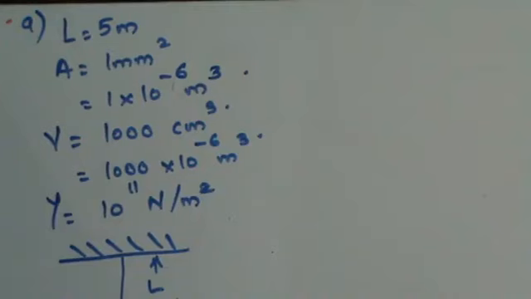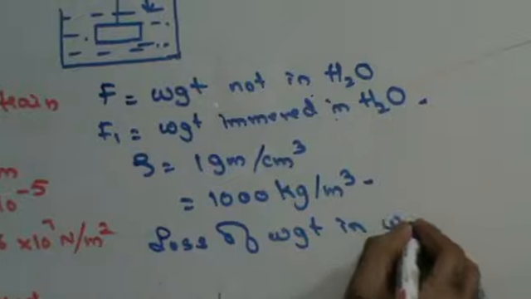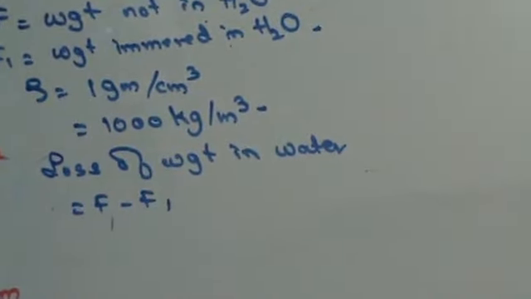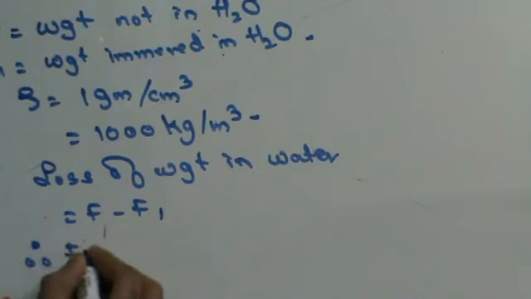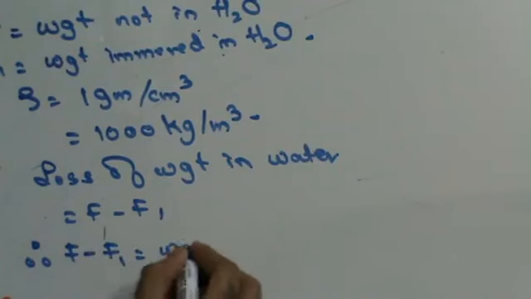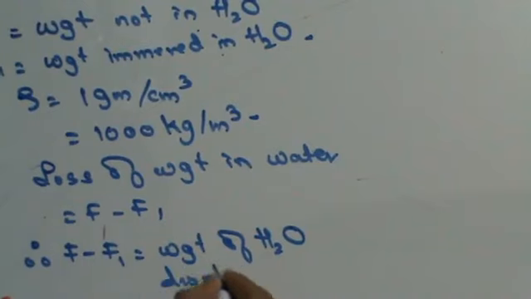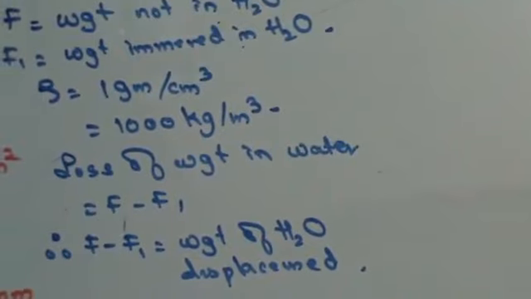So in that case, how much is the loss of weight in water? The loss of weight in water is F minus F1, right? Loss of weight in water by Archimedes principle is equal to the weight of the water displaced. Therefore F minus F1 is equal to weight of water displaced.